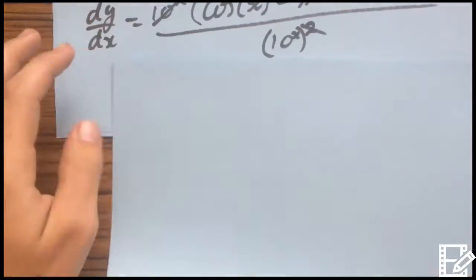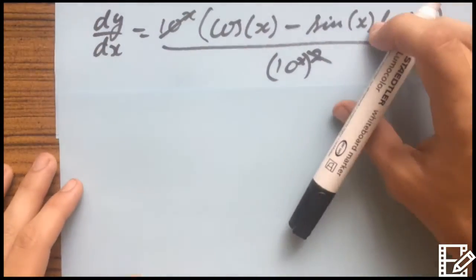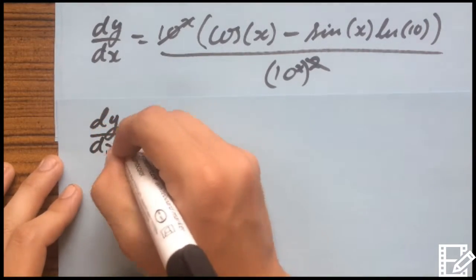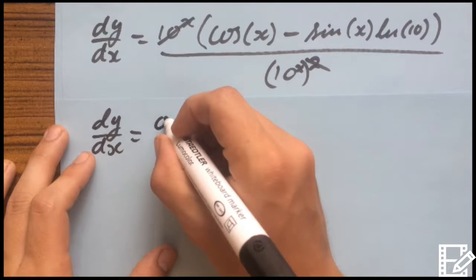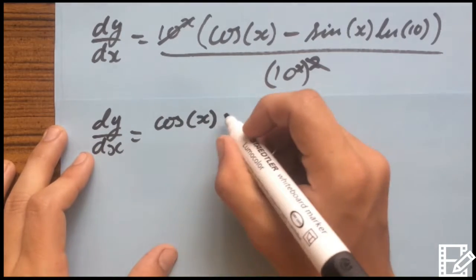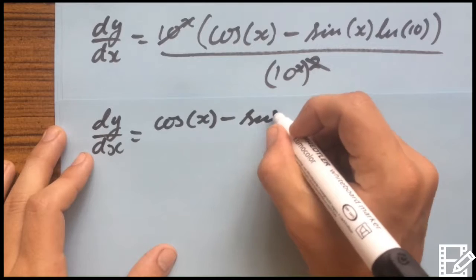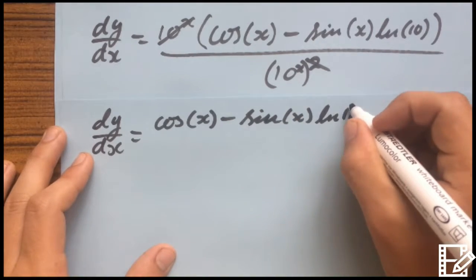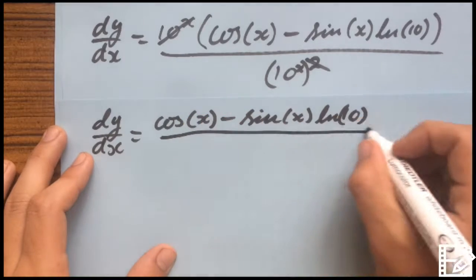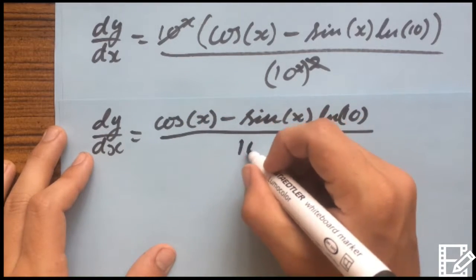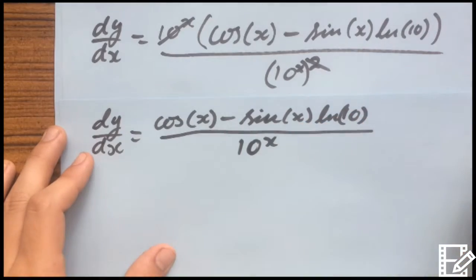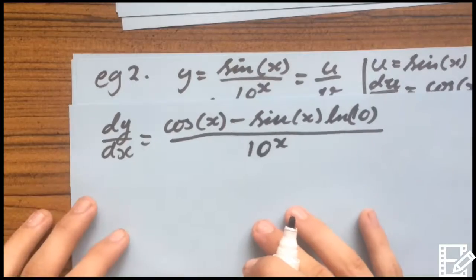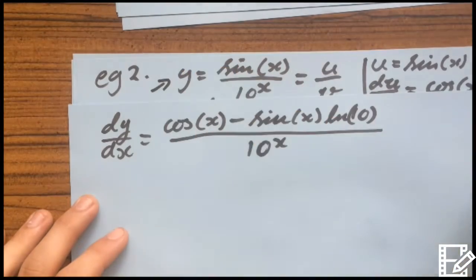Simplifying it further, rewriting it as well, we get the derivative of y with respect to x equals cosine x minus sine x ln of 10 all over 10 to the power of x. And that is our first derivative of this up here.